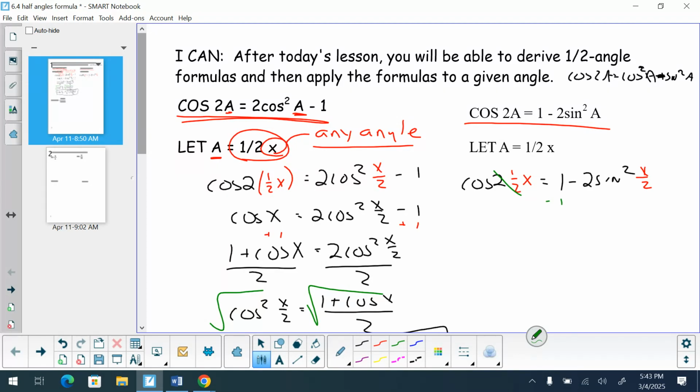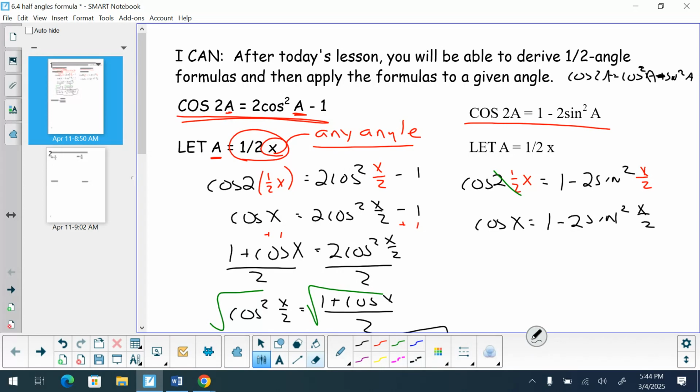Now before we even do that, I'm going to go back to my old adage here. We have cosine of just the value of x is equal to 1 minus 2 sine squared x over 2.